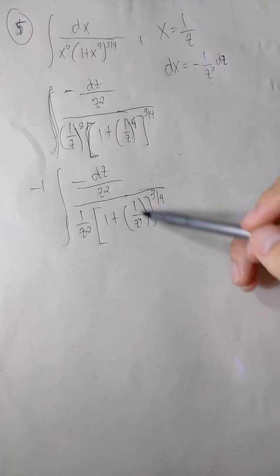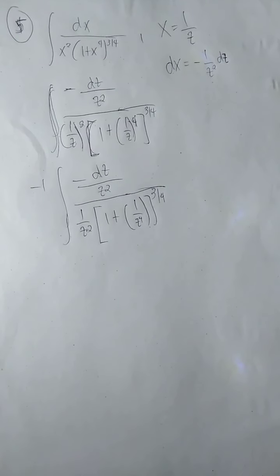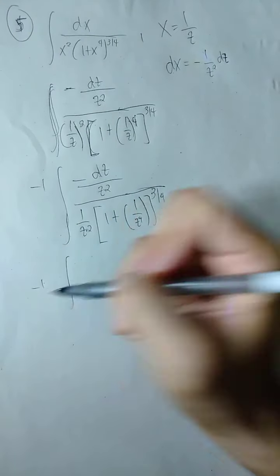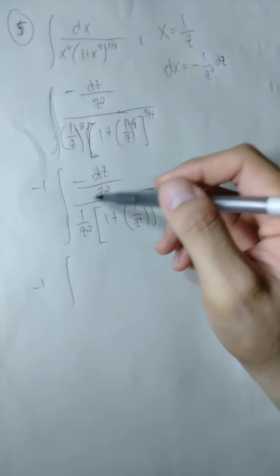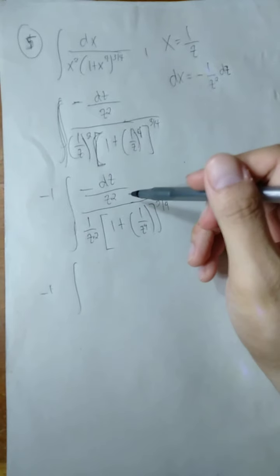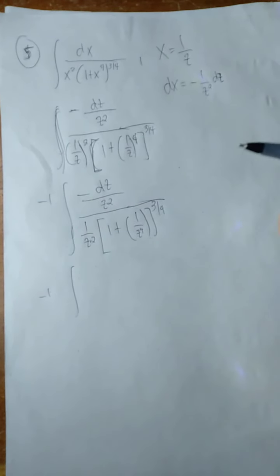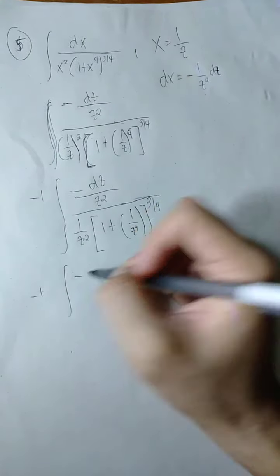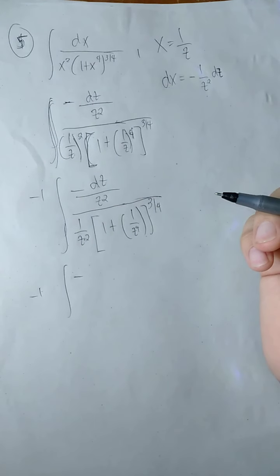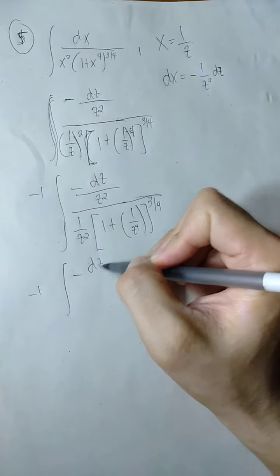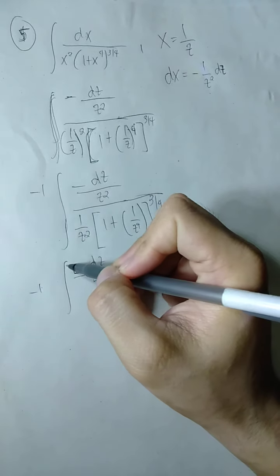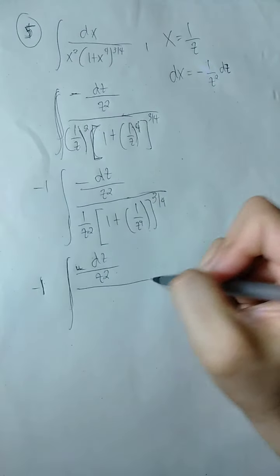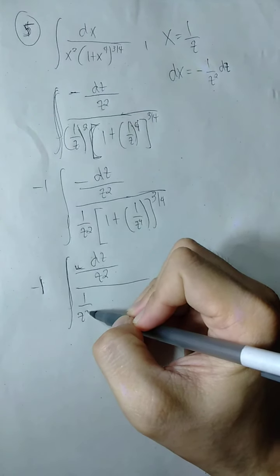Then we take the LCD of this one. So it becomes the integral of negative 1. If you notice, you can cancel this out, since if you take the reciprocal of this, they cancel. But later. So negative dz over z squared, with negative 1 outside, over 1 over z squared.